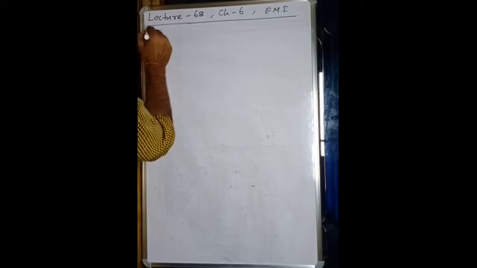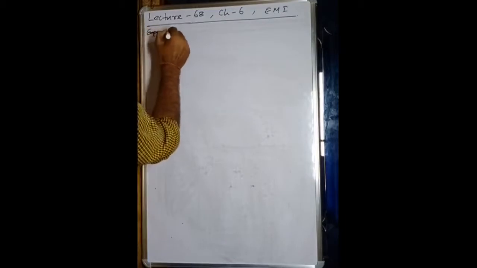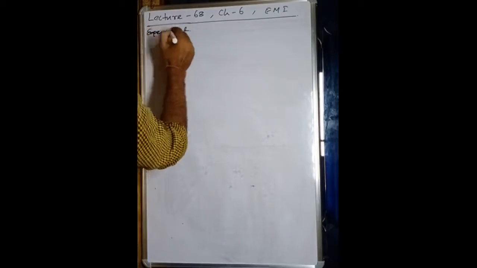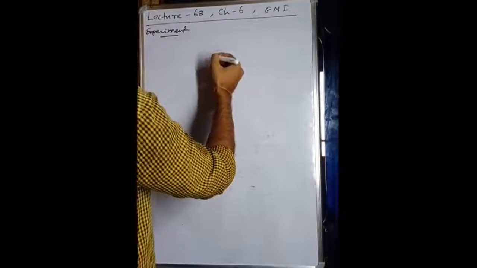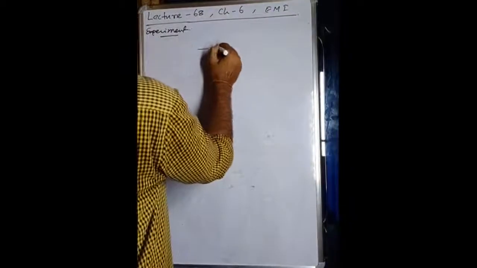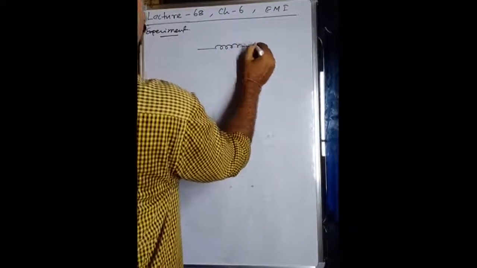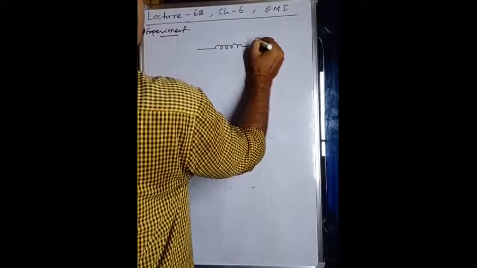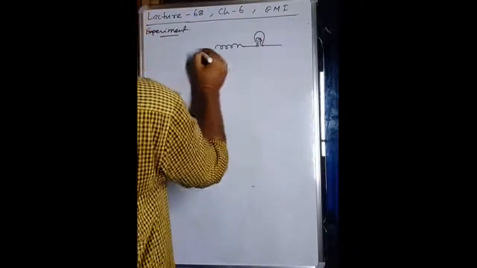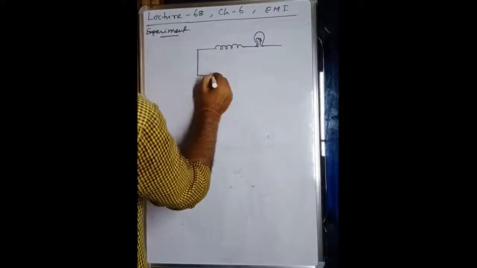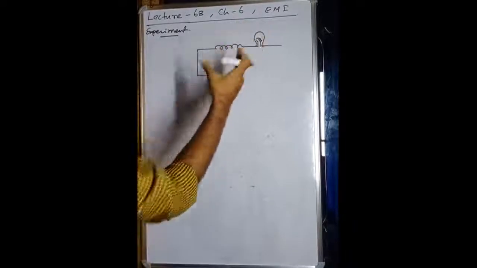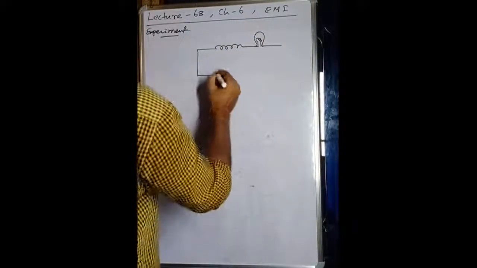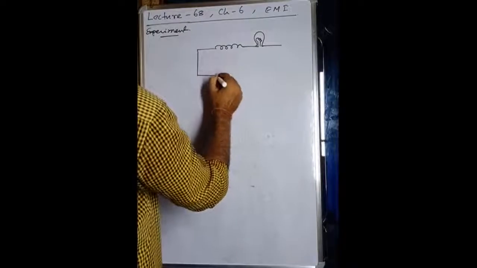This experiment, I'm just quoting here, is a question from your CBSE. This is an inductor connected with a bulb. In the video, you have noticed how the glow of the bulb connected with the inductor increases and decreases.